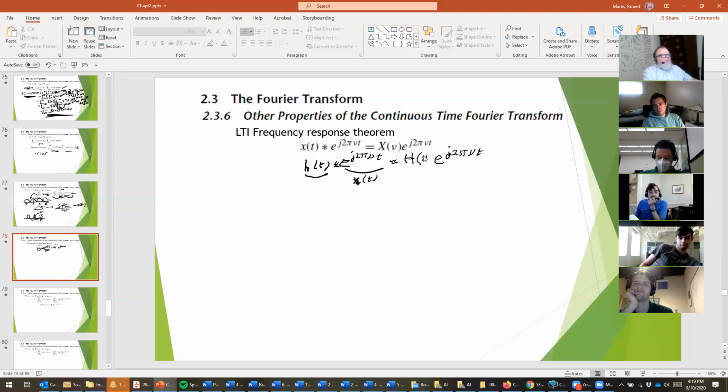And we call this h of nu. This h of nu is referred to by a number of different names. I like to think of it in terms of the frequency response. This is the frequency response of the system at the frequency nu.